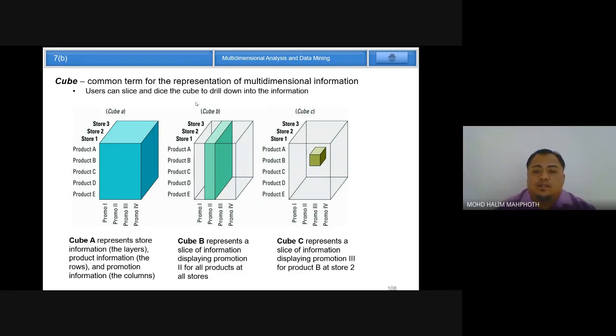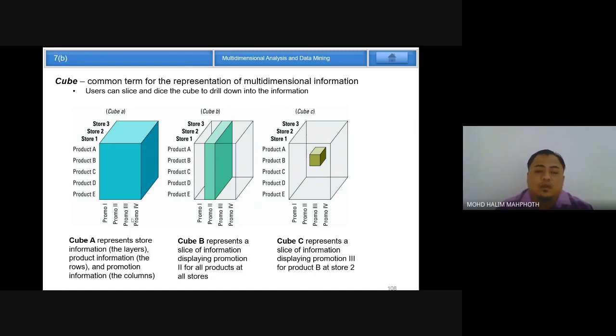What we can see right here is the term slice and dice. I state that a user can slice and dice the cube to drill down into the information. You can cross, as long as it is under these particular dimensions.